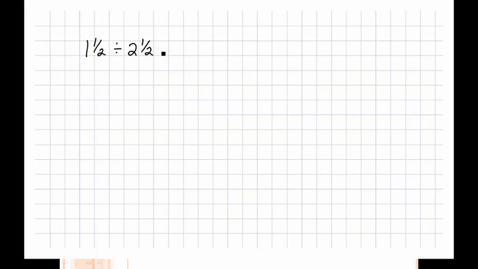The process is exactly the same. The 1 and 1/2 is our dividend, and the 2 and 1/2 is our divisor. Now, we need to figure out how long to make our number line, and how to split it up.